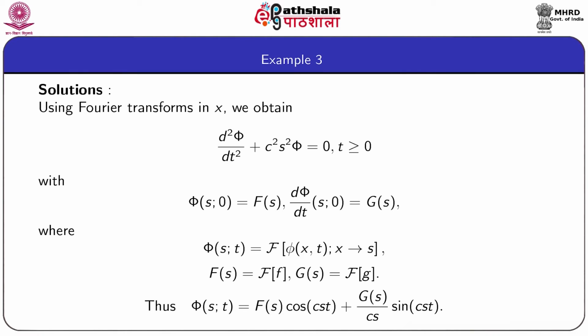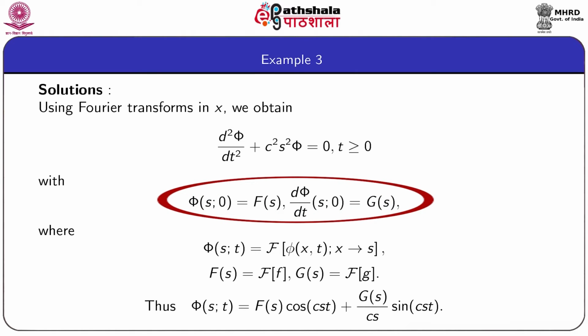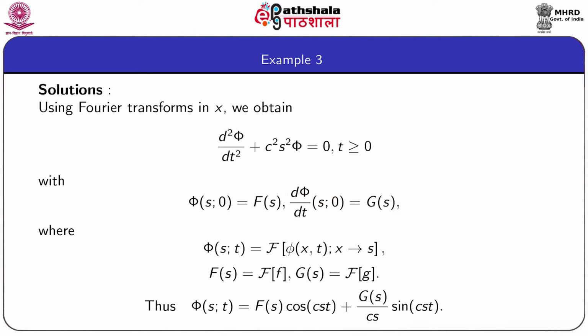and we also use Fourier transform to write these initial conditions as capital phi(s) at t equal to 0 is capital F(s) and d capital phi dt at t equal to 0 is capital G(s). Here capital F(s) and capital G(s) are the Fourier transforms of small f(x) and small g(x).